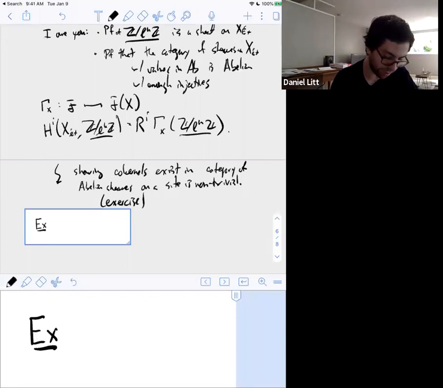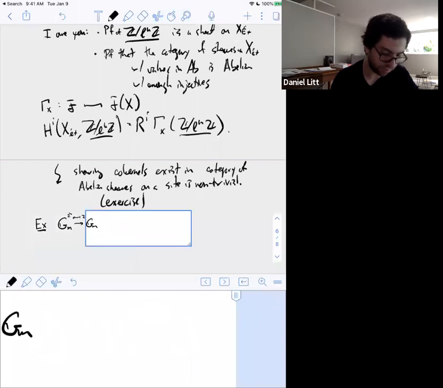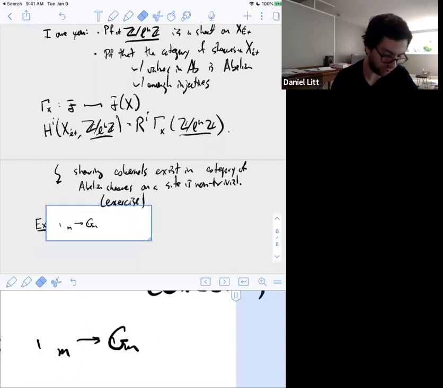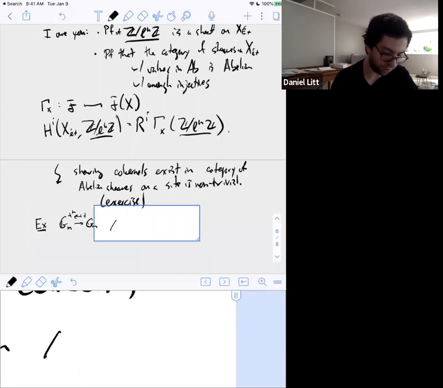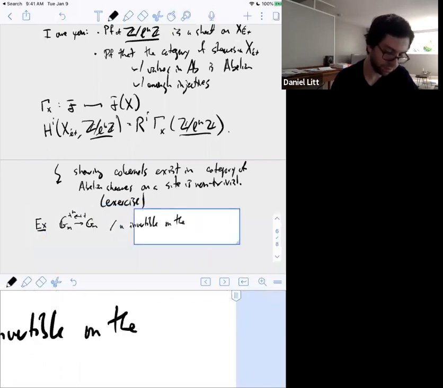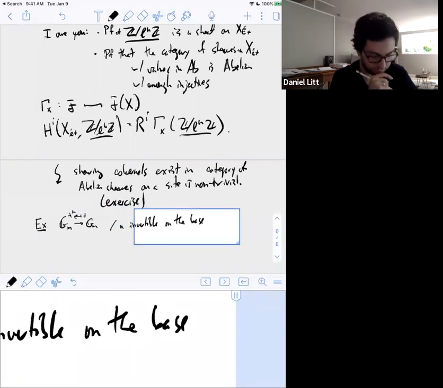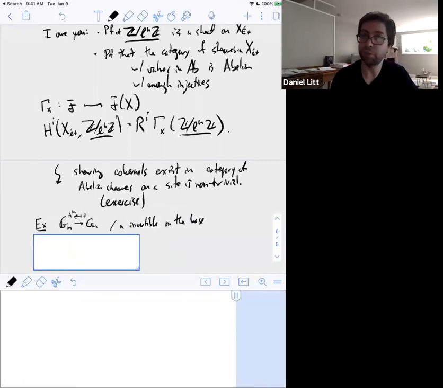So let's consider the map G_m to G_m, where Z goes to Z to the N. Sorry, I'm using T for the coordinate on G_m, so T goes to T to the N. And here, suppose N is invertible on the base. So maybe we're working over a field of characteristic prime to N.